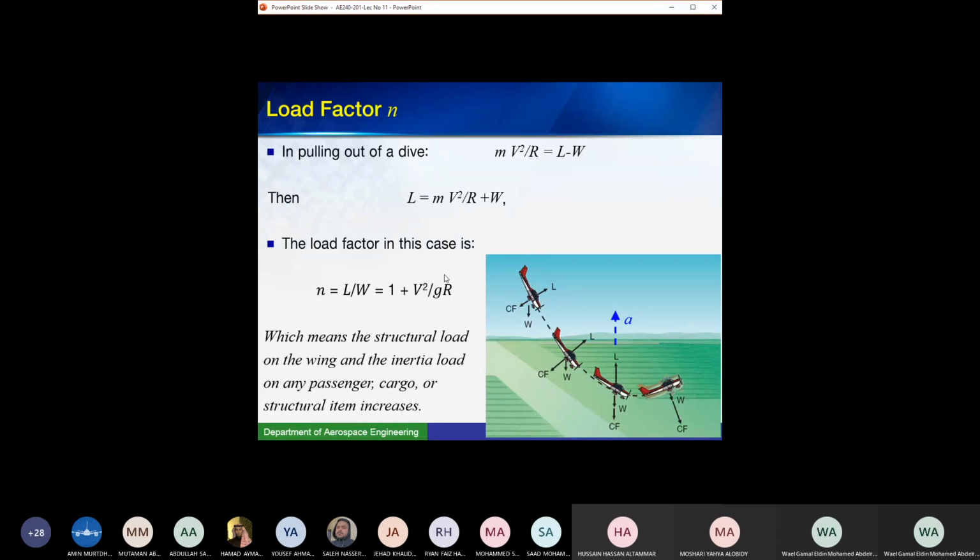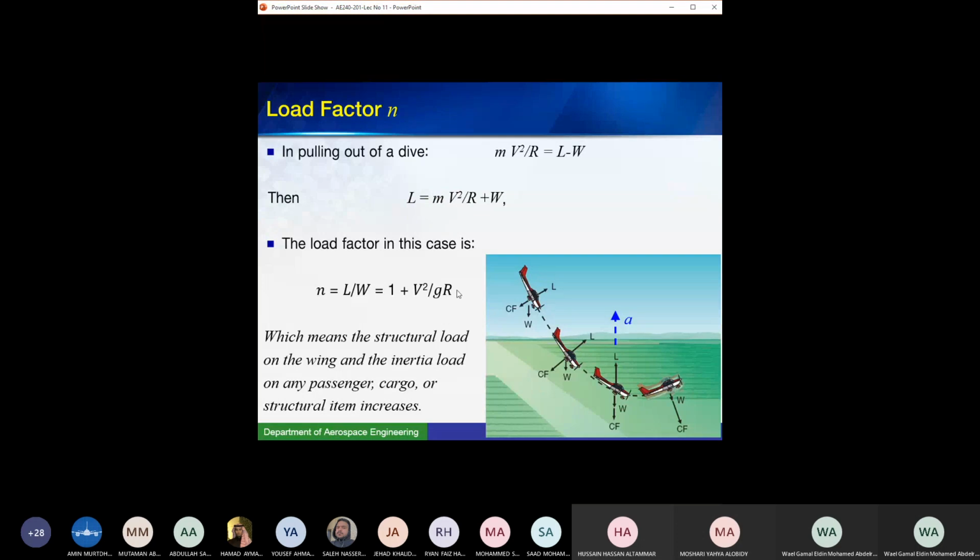Because now it's a function of important performance characteristics, just speed and R. A good airplane can make a turn at a high speed and small r, but that will result in a very high value of the load factor. And you can see the load factor will always be more than 1: 1.5, 1.2, 1.3, 2, 3, 4, depending on the V and R.